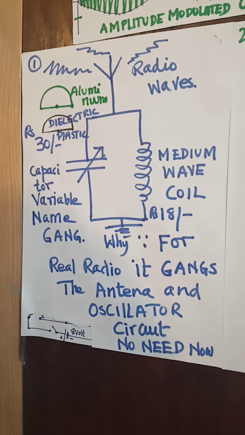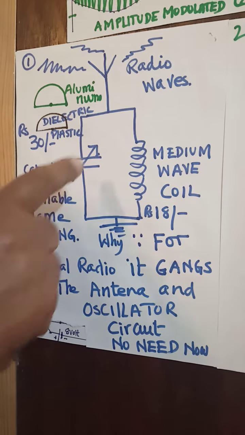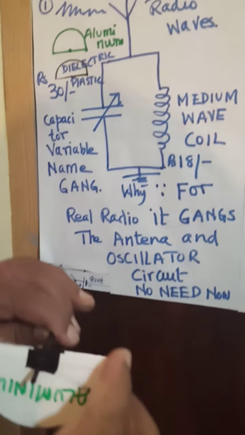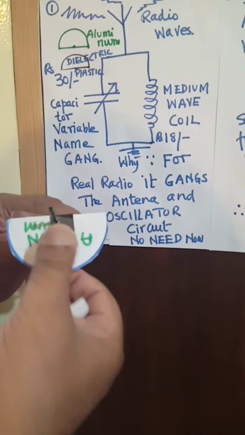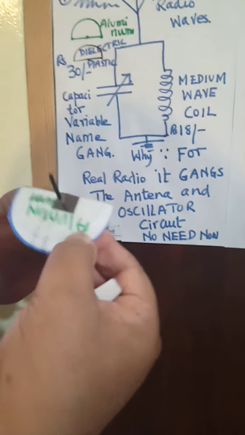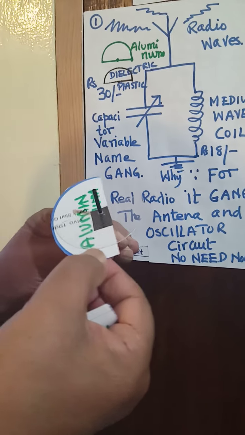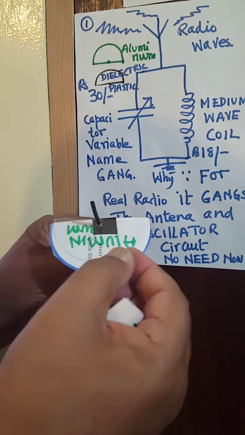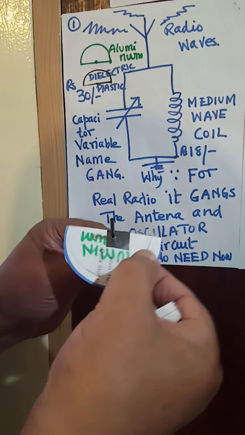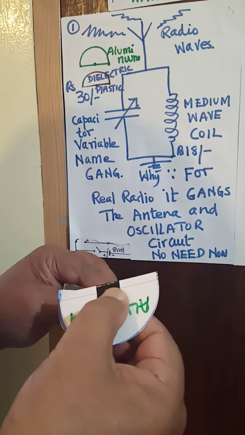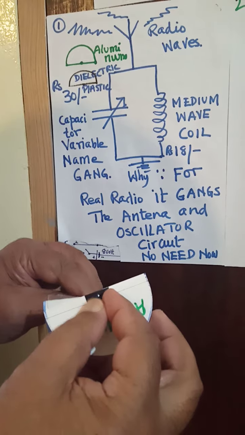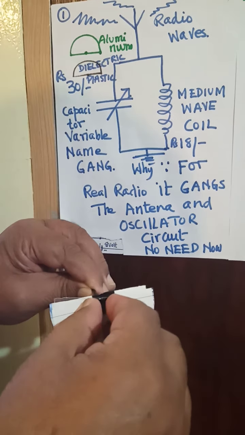Now, so that you understand this variable capacitor, see, here I have designed this for you. These are aluminium plates, and this is a dielectric. Based on what we have done, the capacitance is Kεa by d.